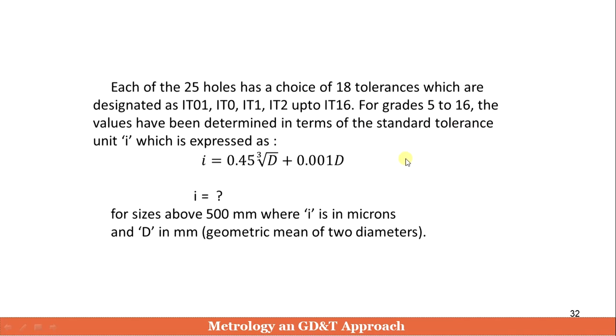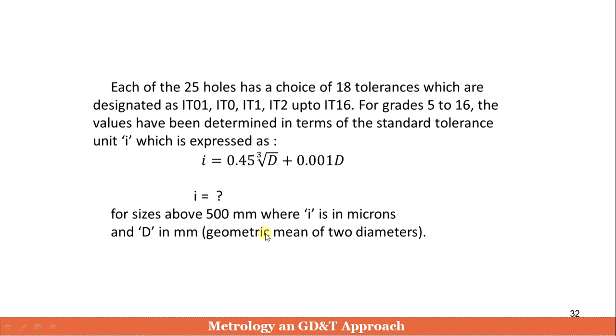To find the standard tolerance we have an expression: i equals 0.45 times the cube root of D plus 0.001 times D. So i will be equal to the standard tolerance and can be found out this way. In that case we will require D, and this D is nothing but the standard geometric mean of two different diameters.